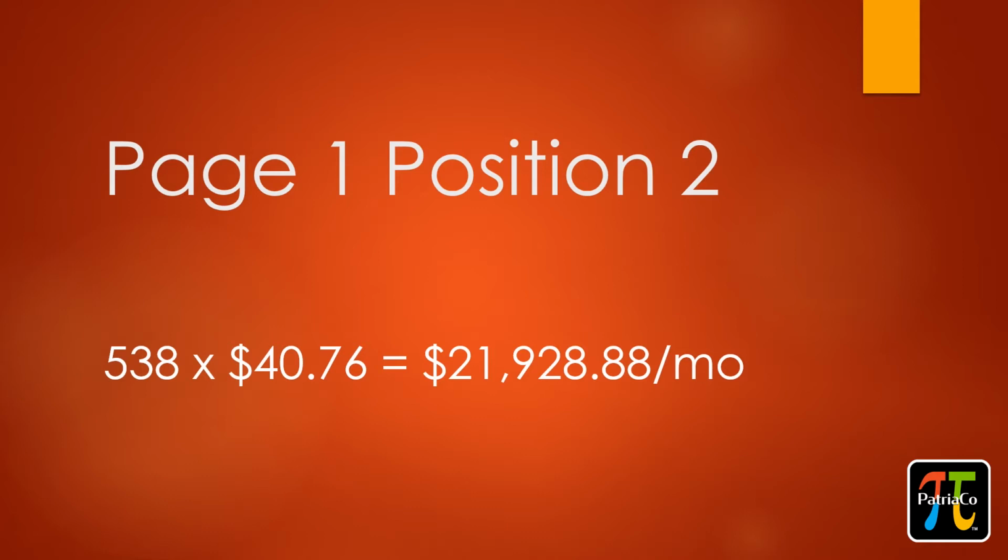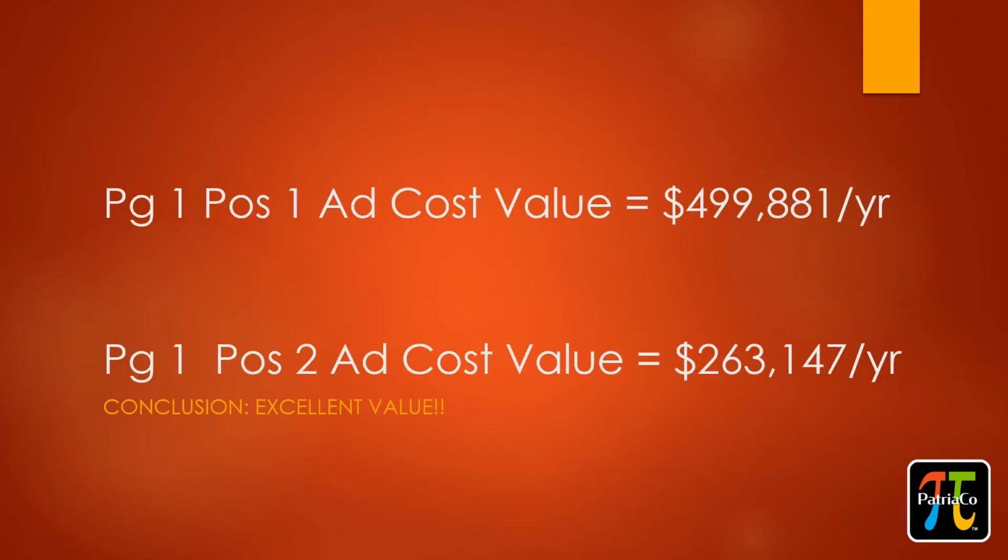Because again, we know if we have a good website, we are going to convert those clicks into leads and leads into sales. On an annual basis, we're talking about taking those values, multiplying them each by 12 months. We're talking about an ad cost value of between $250,000 and $500,000 per year.